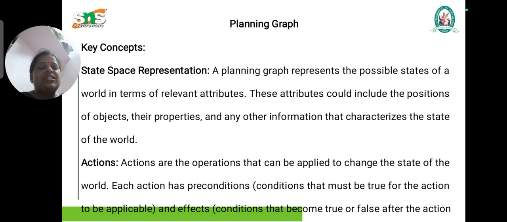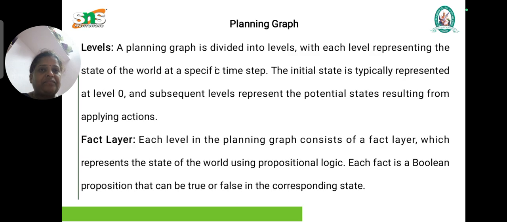Actions. Actions are the operations that can be applied to change the state of the world. Each action has preconditions, the conditions that must be true for the action to be applicable, and effects, conditions that become true or false after the action.